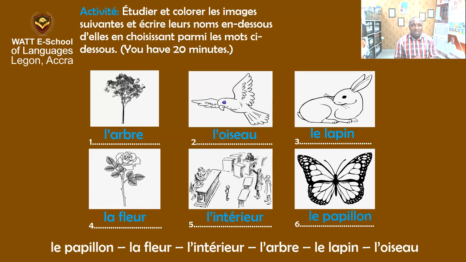It means that you are following. That's nice. All right. Are you okay? All right. Let's go and read the words again. The number 1. L'arbre. We are reading twice the word. The 2.